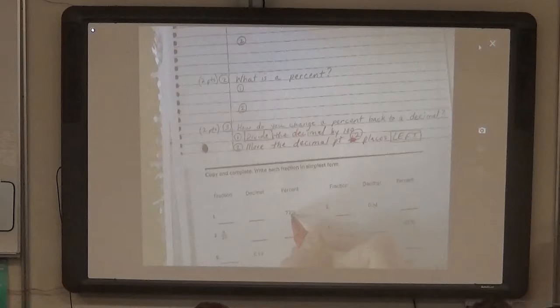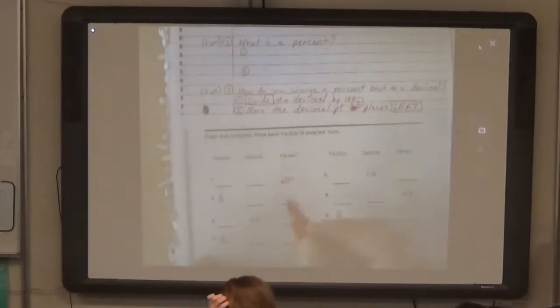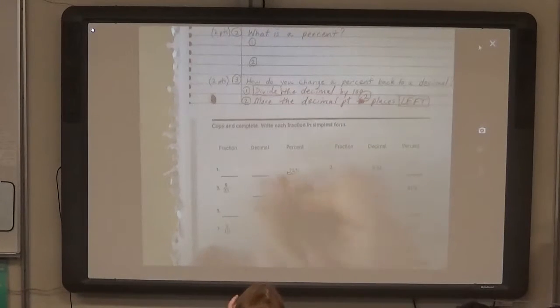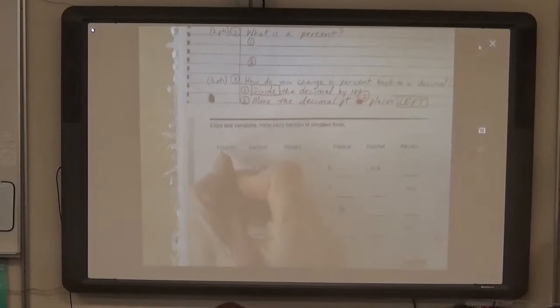So in a percent, 72%, how do you write it as a decimal? Move the decimal place 2 places left. And then write 72 hundredths. And now what? How do you write 72 hundredths as a fraction? 72 out of 100. Except 72 out of 100 can be reduced.